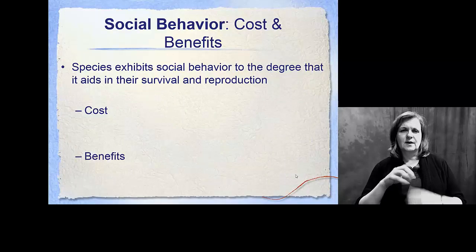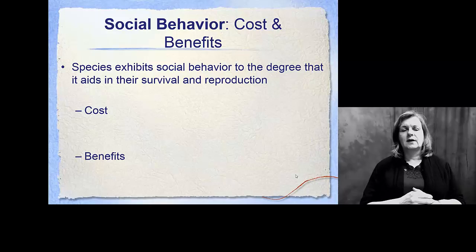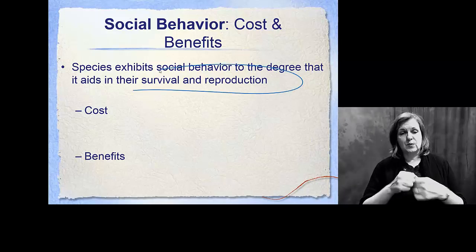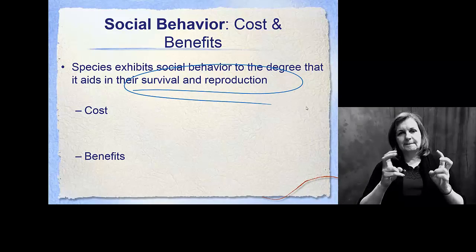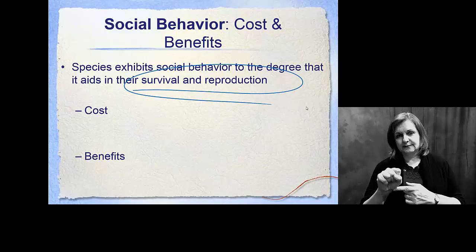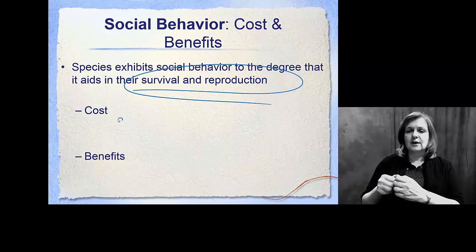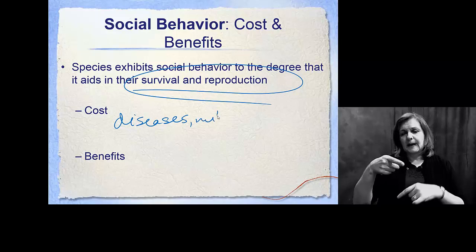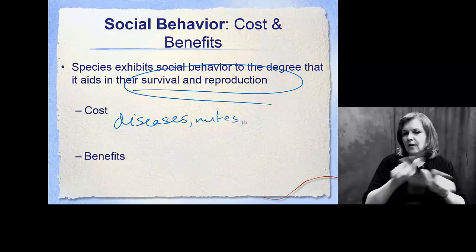When we look at costs and benefits of behaviors, what we have to think about is that social behavior really is about survival and reproduction, but there are costs to that. If you're living as a large population group, you're exposed to all kinds of diseases, parasites, mites, and if one has it, they all have it.